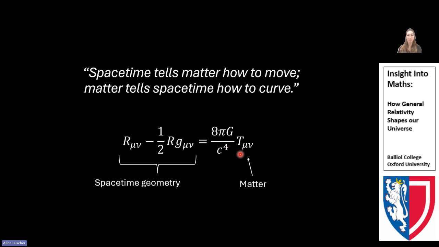And so this equation has been summarized in this quote by Wheeler that says, space-time tells matter how to move, and matter tells space-time how to curve. So really how the left and right-hand sides of this equation communicate with each other. Geometry is equal to matter.